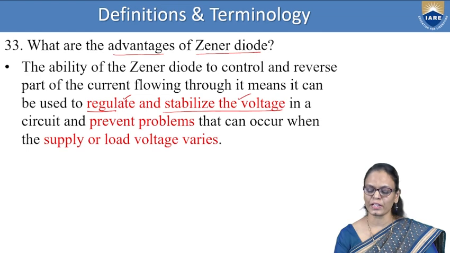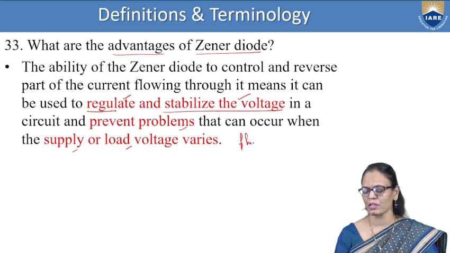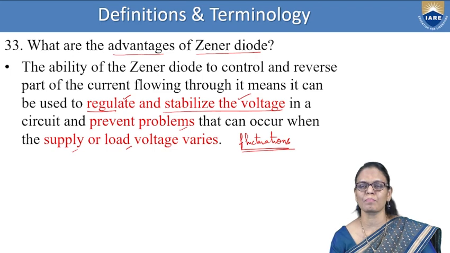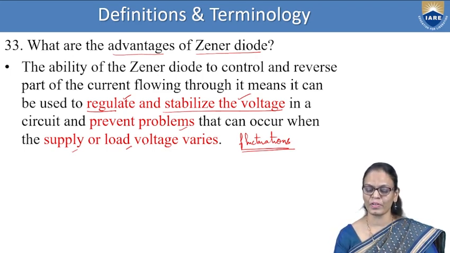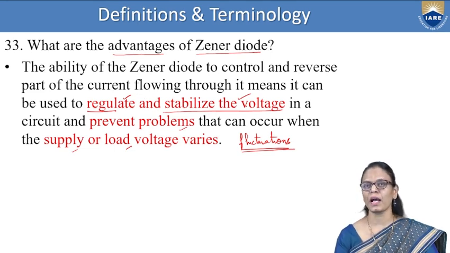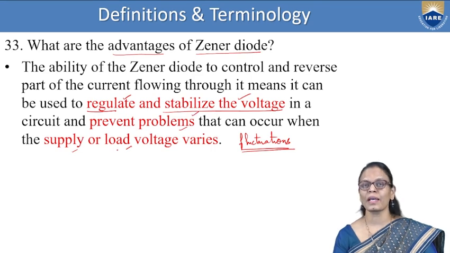Because of that, it prevents the problems that can occur when the supply or the load voltage varies. Generally, even in our houses for domestic purposes, whatever voltage is supplied, there may be fluctuations. If a Zener diode is used, it will regulate and stabilize the voltage, thereby preventing the problems of excessive load.